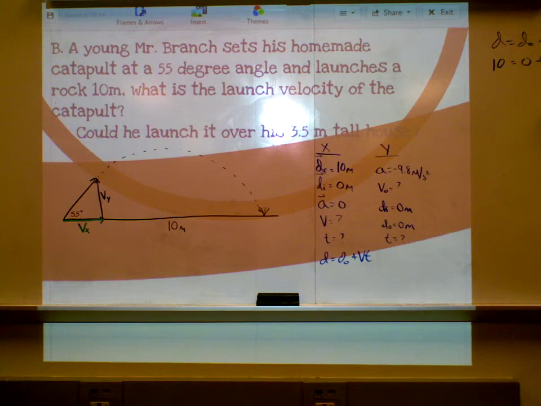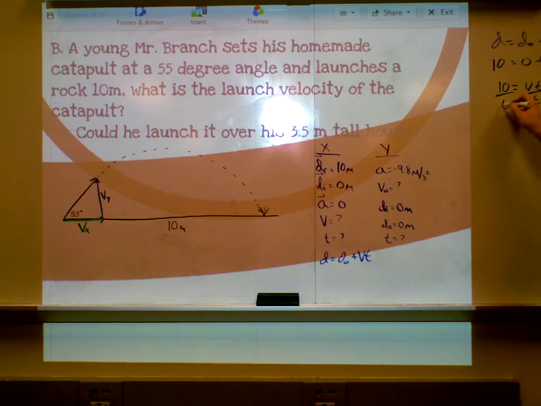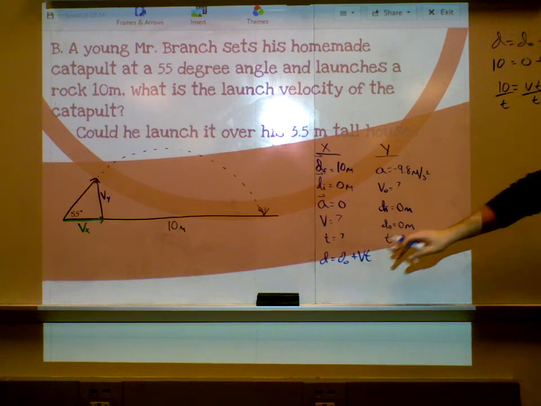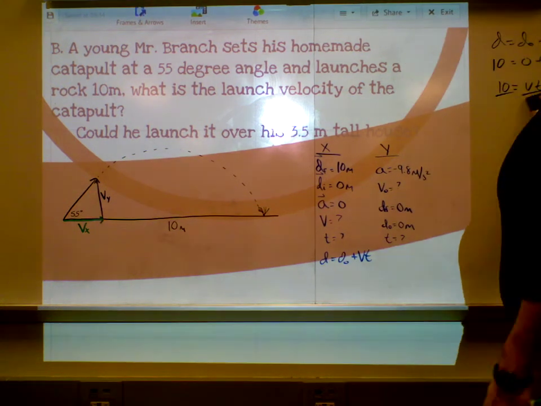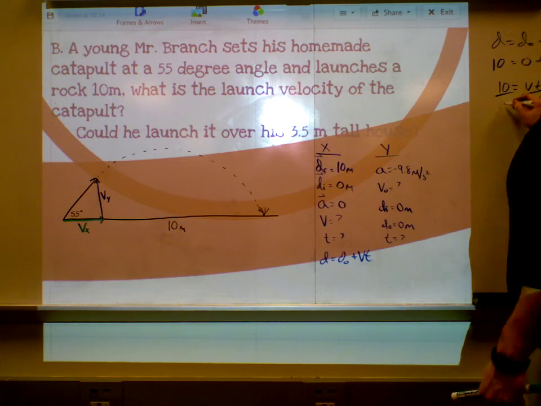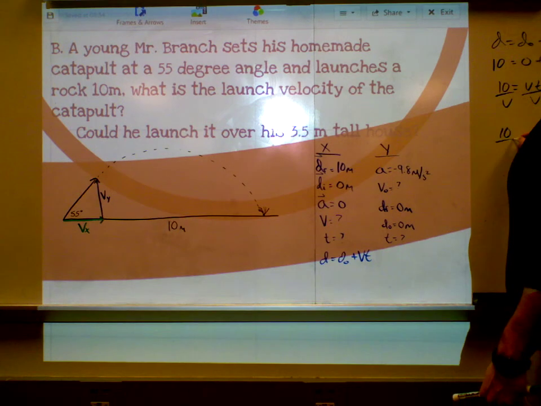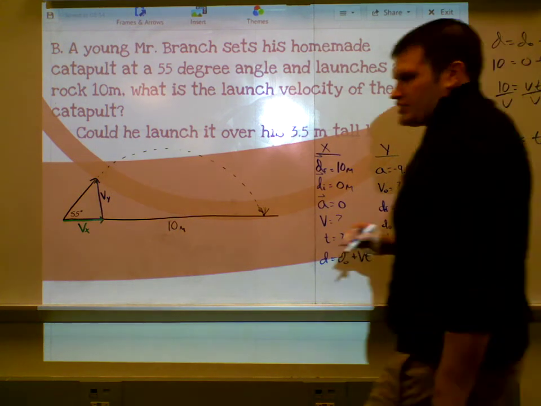Now this v, is this x or y? X. Okay. So we know 10 equals vt. We can divide both sides by t, and we end up with, oh, sorry, I don't want to divide by t. I want to divide by v. And we end up with 10 over v equals t. Does that make sense?